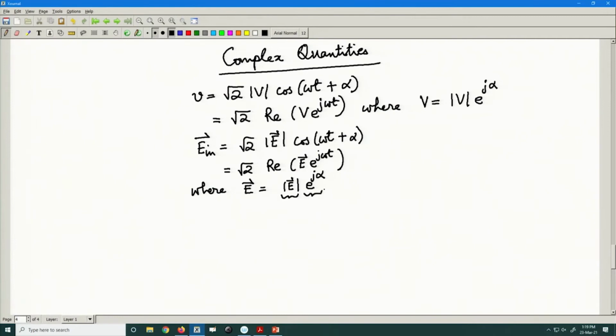So, mod E is the amplitude part and e to the power j alpha is the phase part of E. So, E itself is a complex quantity other than its time variation term e to the power j omega t.